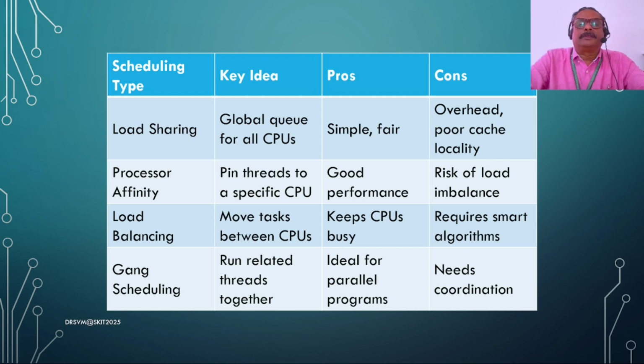This keeps all the CPUs almost busy all the time, but requires a smart algorithm to identify which CPU is overloaded, which CPU is idle, and how to manage the whole thing. And finally we have gang scheduling. Here the related threads are run together, and it is ideal for parallel programs, but definitely needs a lot of coordination. Otherwise it's going to create large problems.